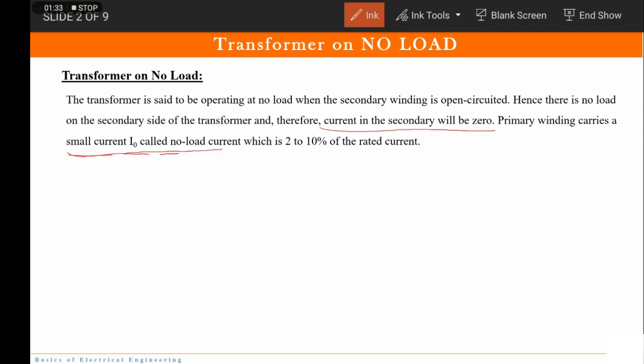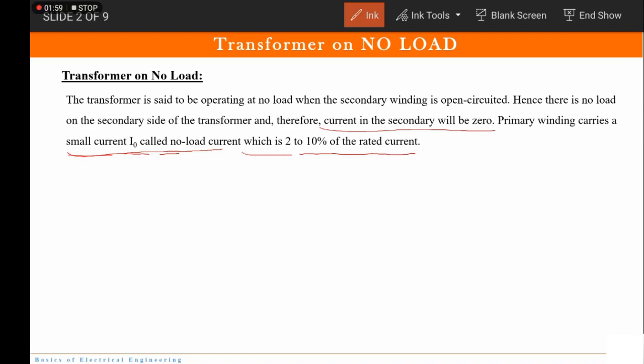So that 0 in I0 represents no load condition. This is actually the primary current only, which was earlier represented by I1, but because of the no load condition we are representing the same current as I0. And this is going to be a very small current, essentially only 2 to 10% of the rated current.